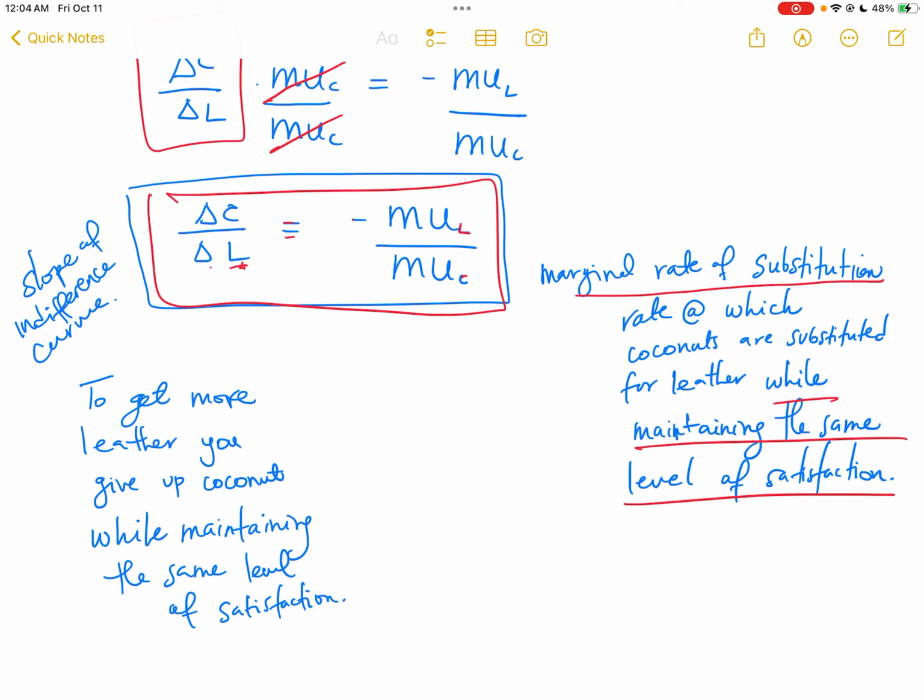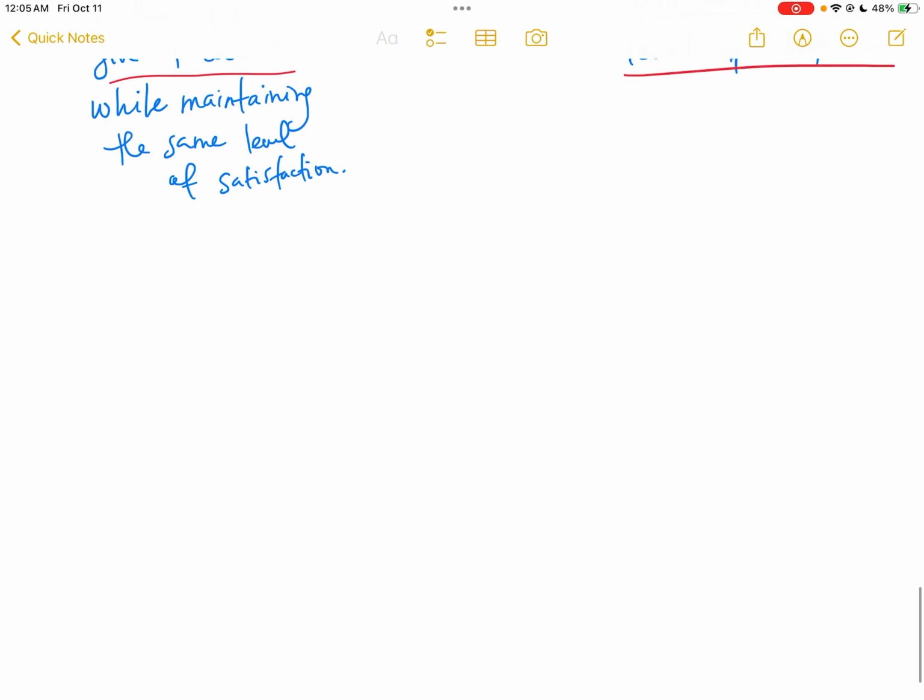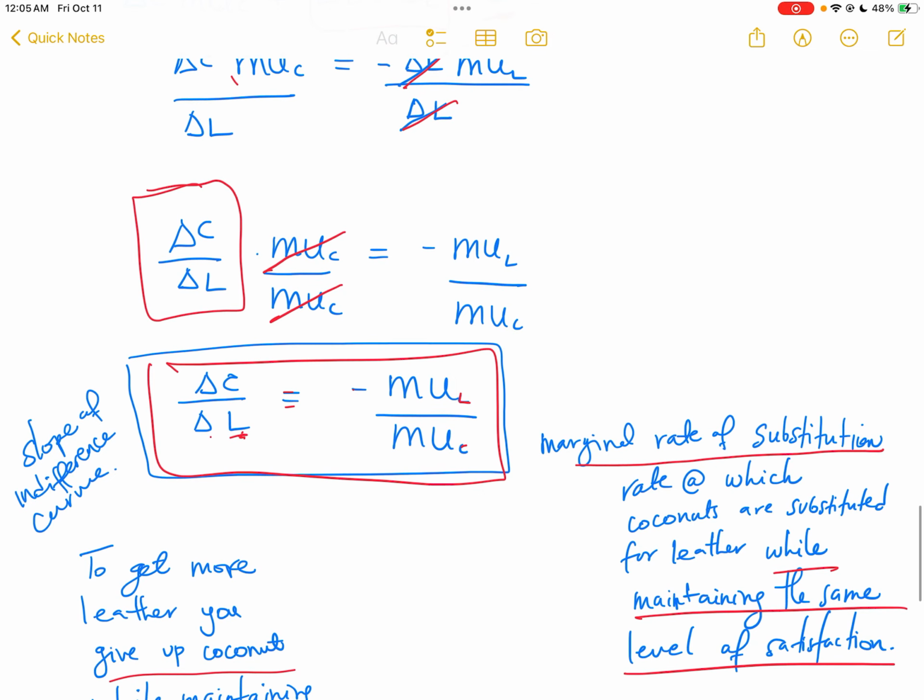So in the slope of the indifference curve, we are consuming more leather and giving up coconuts while maintaining the same level of satisfaction. This is what is happening at the tangency point, at least in terms of the slope of the indifference curve, right? This is how we get the slope of the indifference curve. So let's go back up.